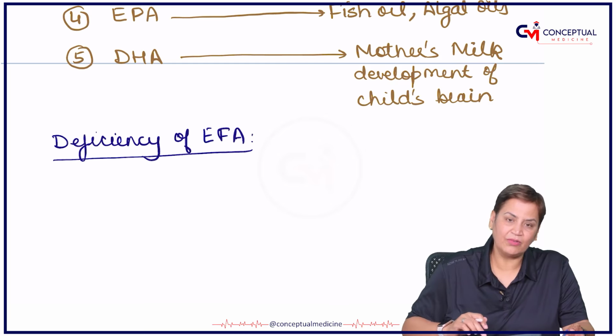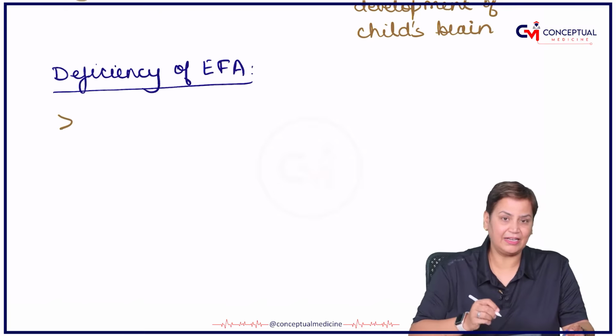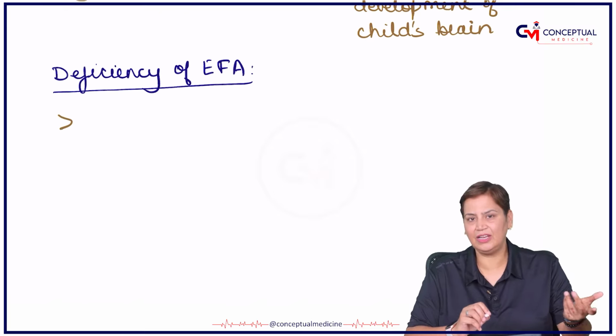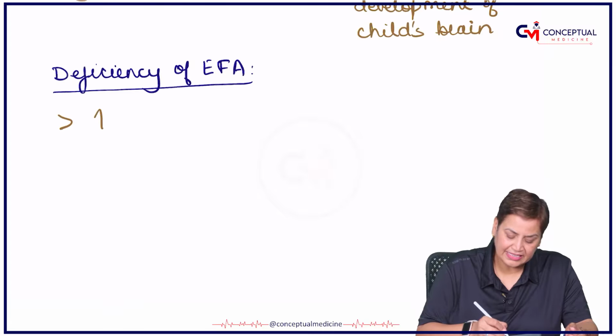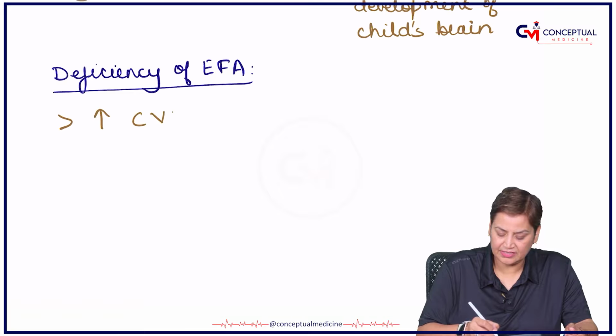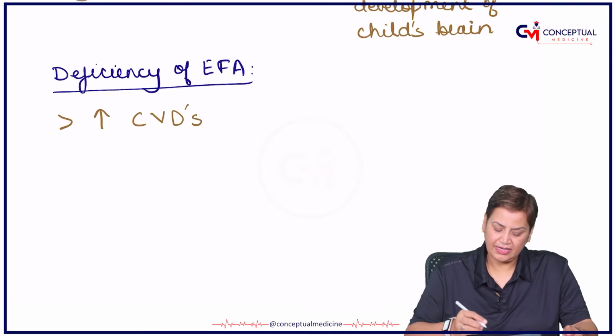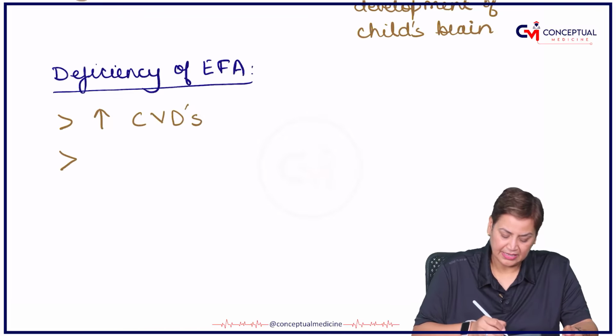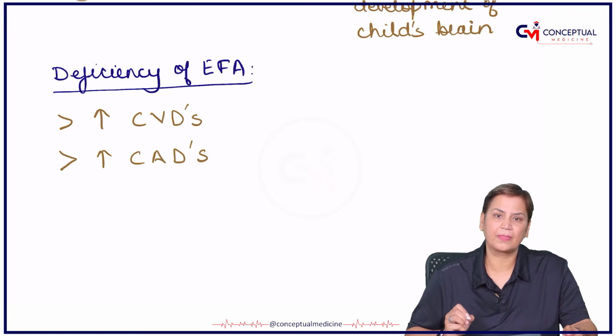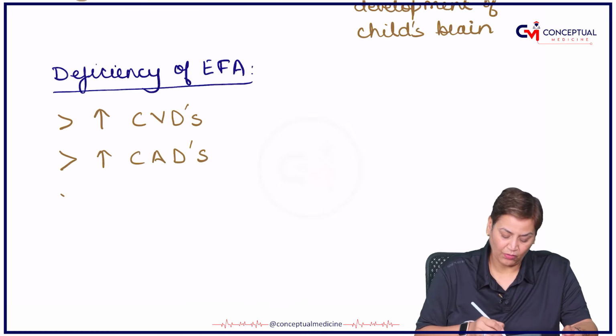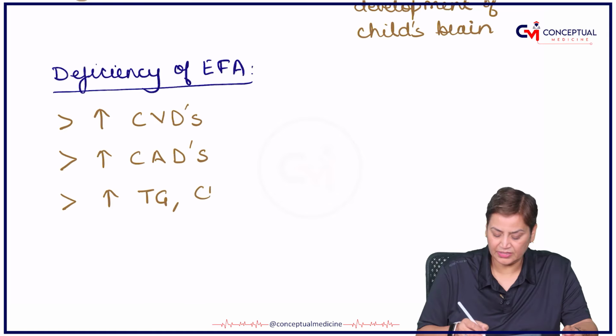The most important one is that deficiency of essential fatty acids will lead to an increase in CVDs, an increase in CADs, and it will obviously increase the level of TGs and the level of cholesterol.